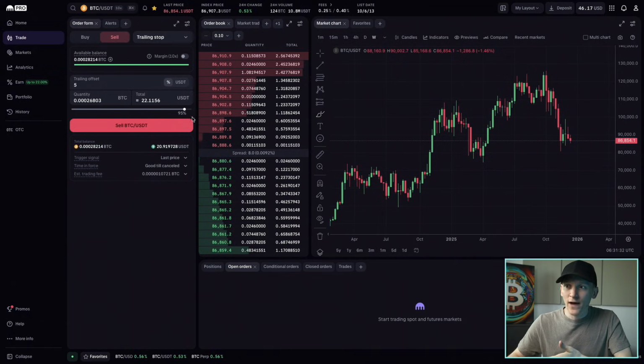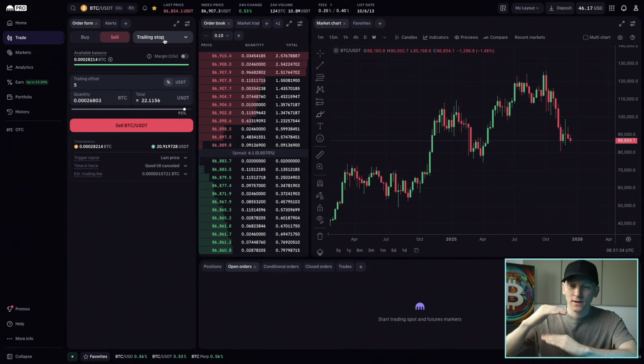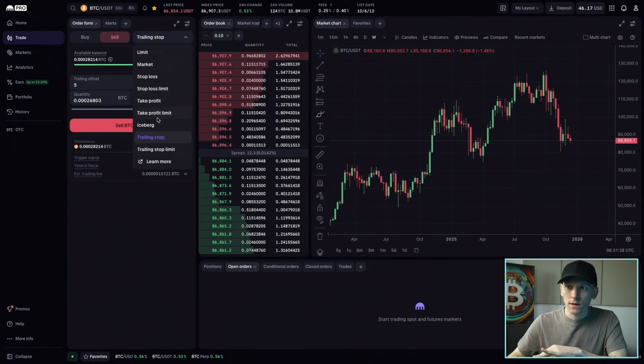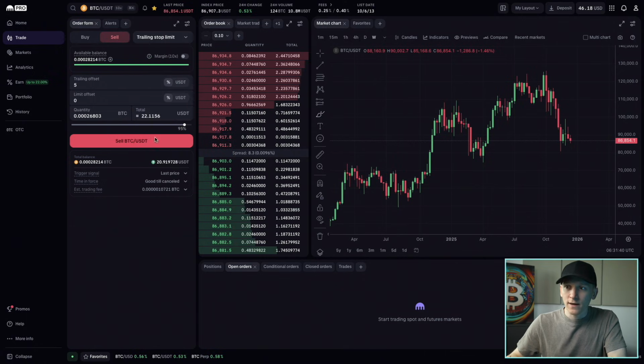Where the trailing stop limit is a little bit different is that instead of actually selling via that offset, so let's say we move up, the price moves down 5% and we sell, that's a trailing stop. With a limit, what you're actually doing is using this as an offset to actually put a limit order in, right? So if the trailing stop gets triggered, you don't actually sell immediately unless the price is at or better than your limit, right?